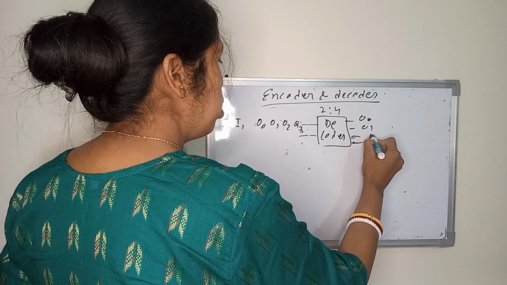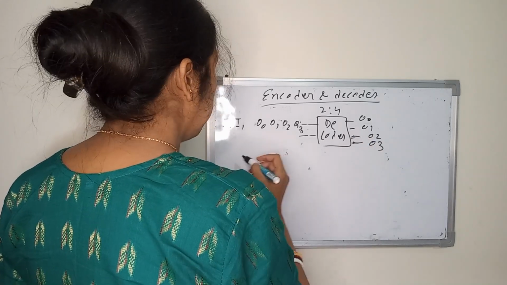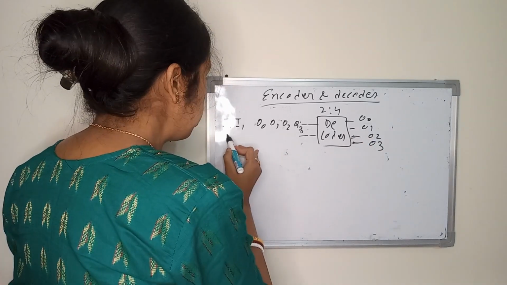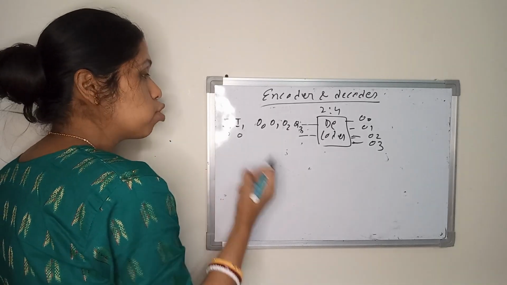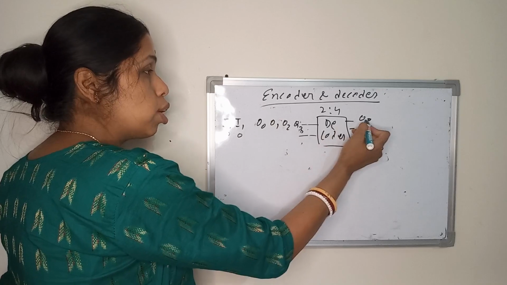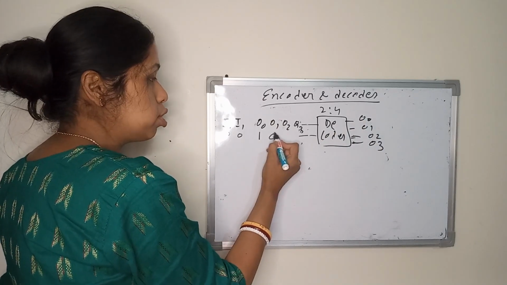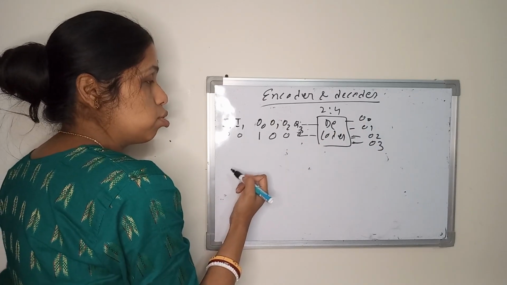If I send 0 0 to the decoder, I have to send logic 1 through the O0 channel. Here it will be 1 for O0, and the others will be 0 0 0.